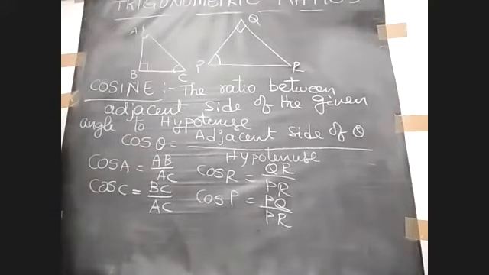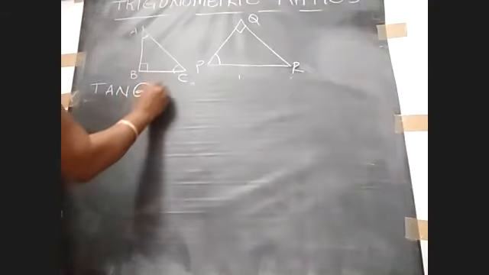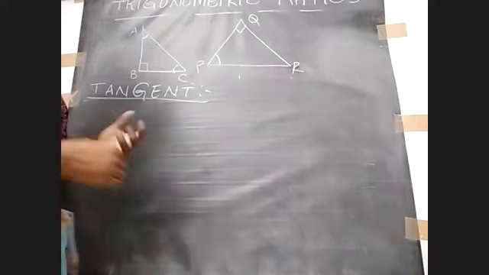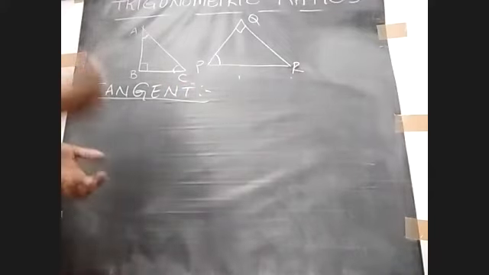We will go to the third definition, tangent. So what is tangent? It is also a ratio. What is that ratio?